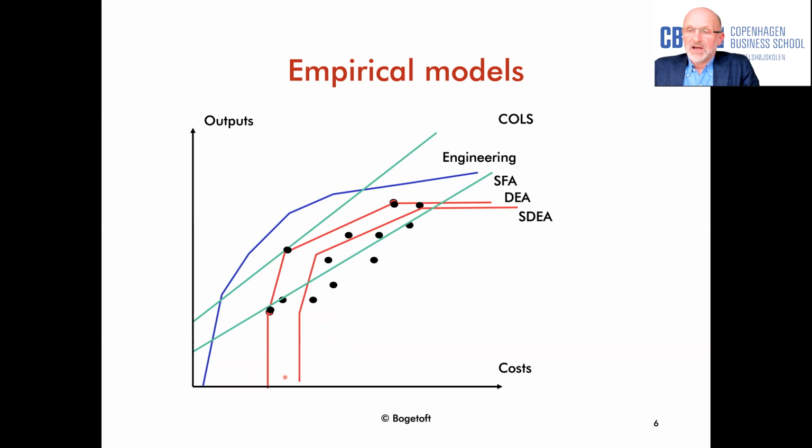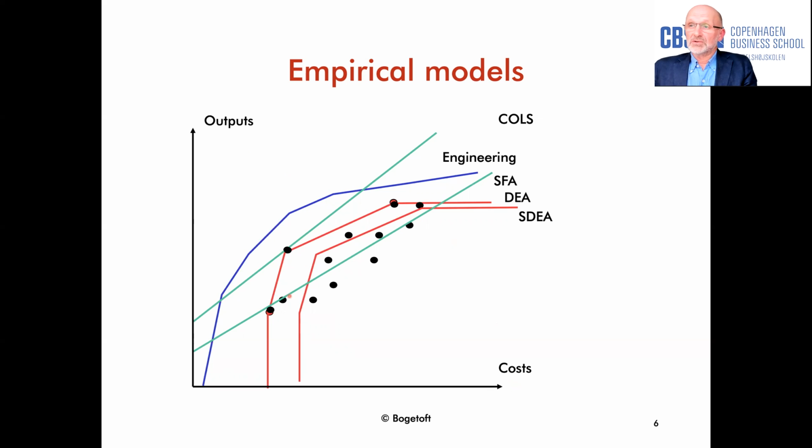So the idea of this modeling is to somehow link these points so that we get an idea about the relationships between inputs and outputs. And here it's like a production function because we have inputs here and we have outputs here. And if we have these observations corresponding to the black dots, we could, in principle, estimate many different functions.